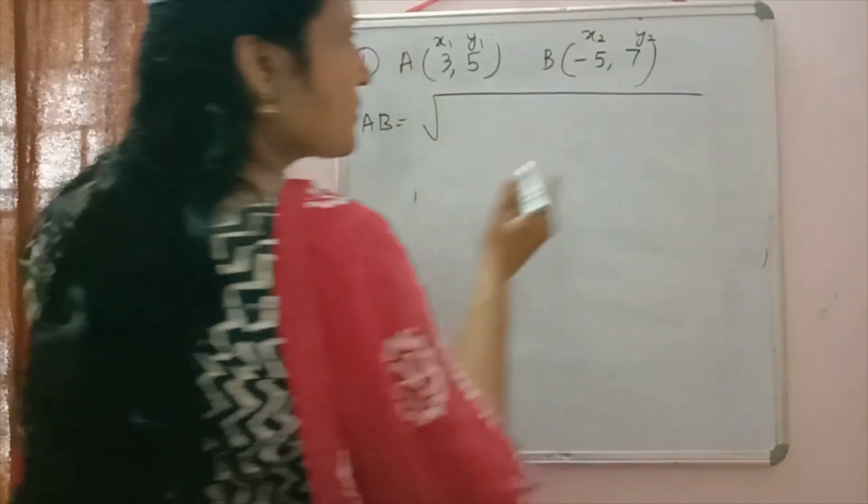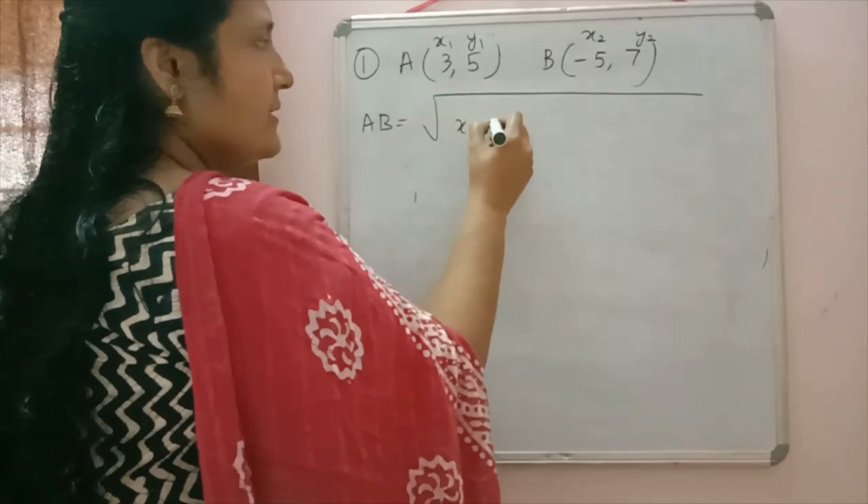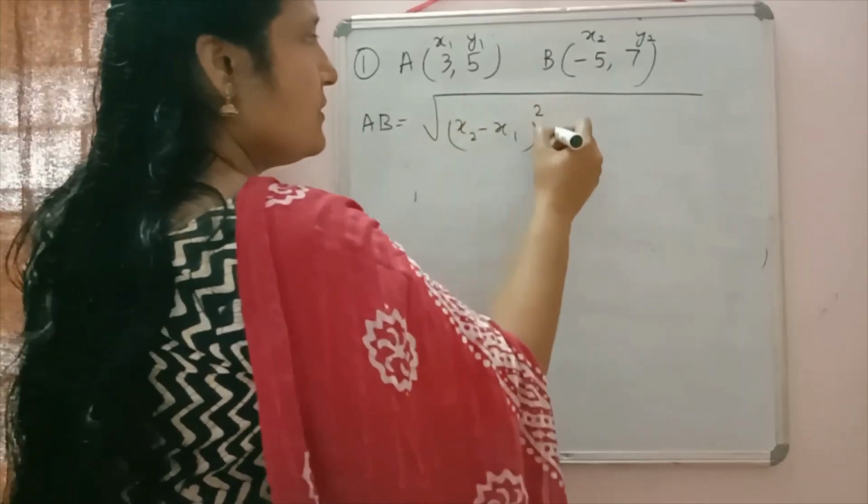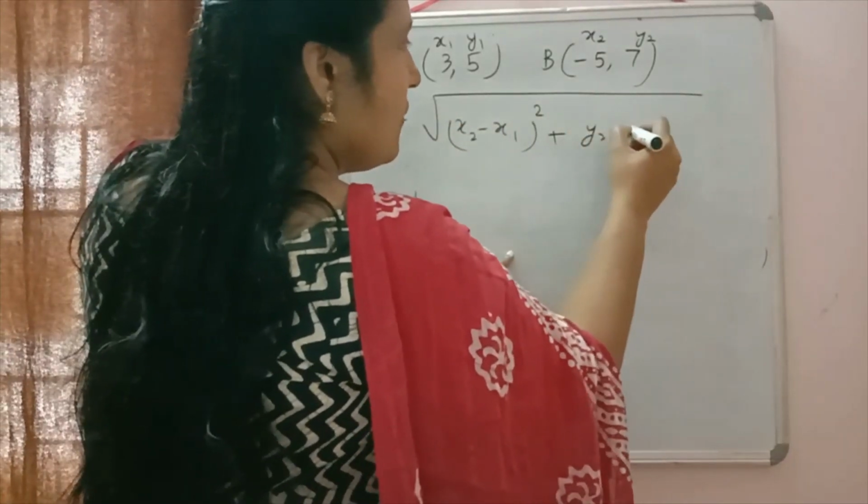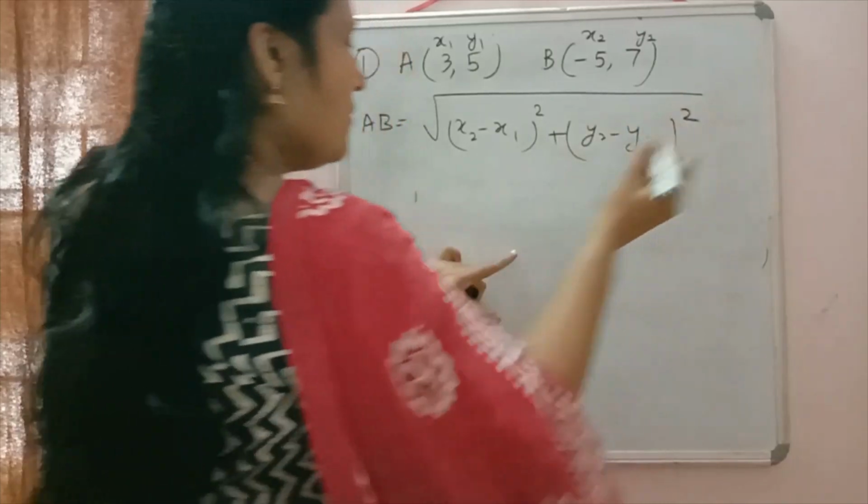AB is equal to square root of, the formula is (x2 minus x1) the whole square plus (y2 minus y1) the whole square.